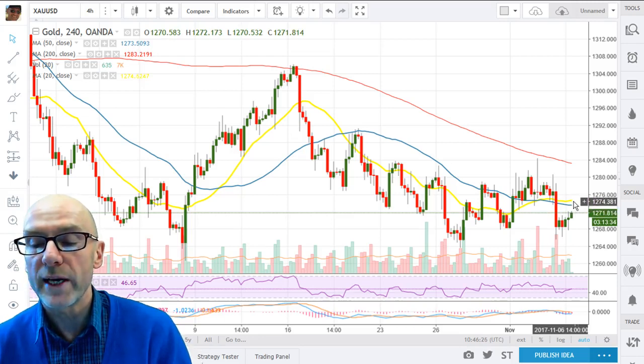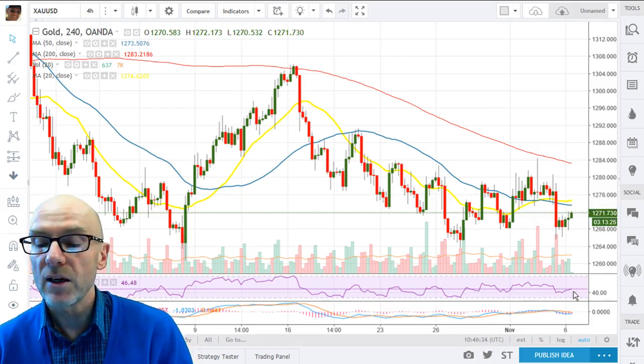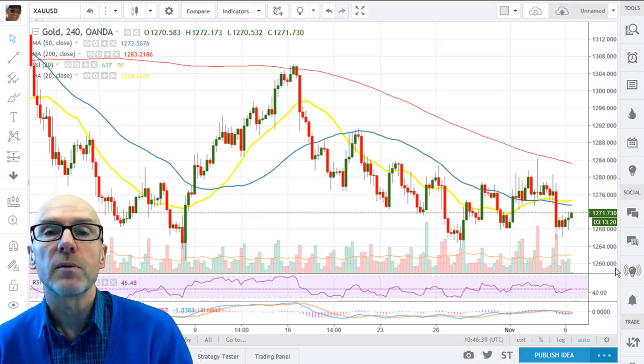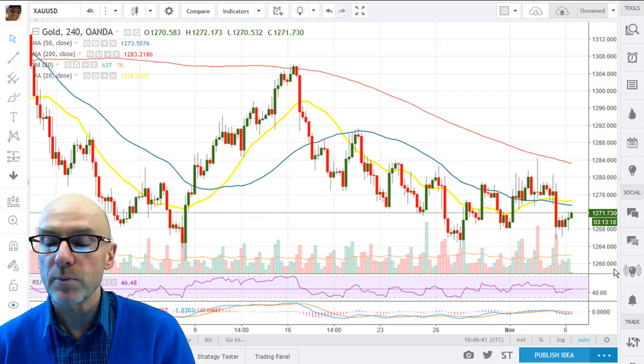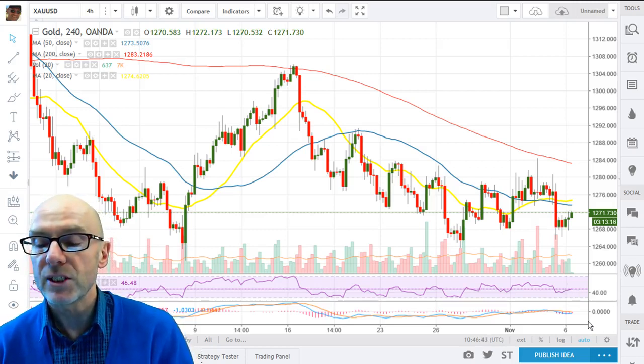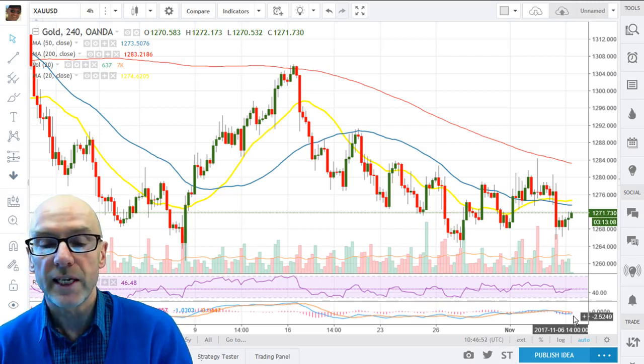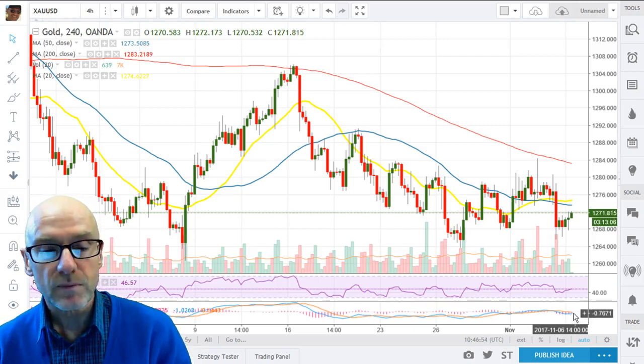Above there, the 20 is actually going sideways, but will continue down on any downtick. RSI, although it has picked up recently, not a significant rally, it's still below 50, 46.48, and the MACD as well are still vulnerable as they're below zero, short term below longer term, indicative of negative momentum.